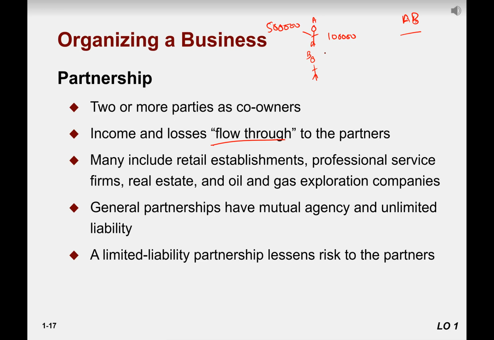Partner B's wealth is, for example, 2 million, and he invested 200,000 here, so his total wealth is 2.2 million, of which 200,000 he invested in AB. So total AB investment is 300,000, right? So the business started growing.